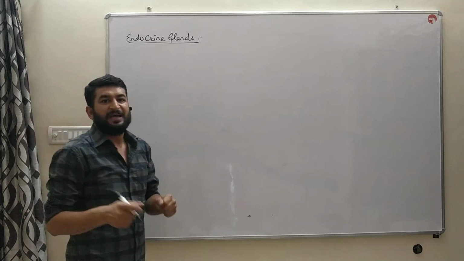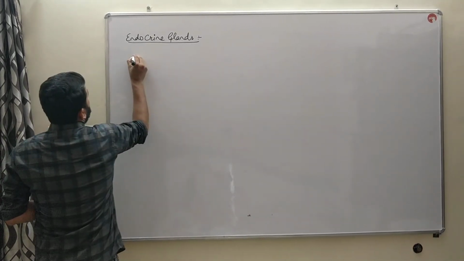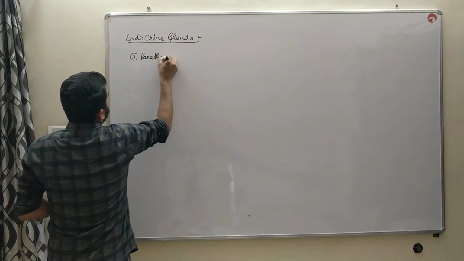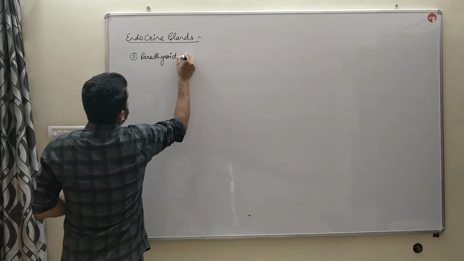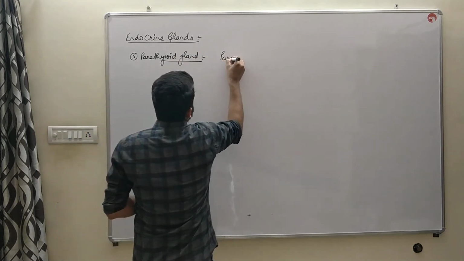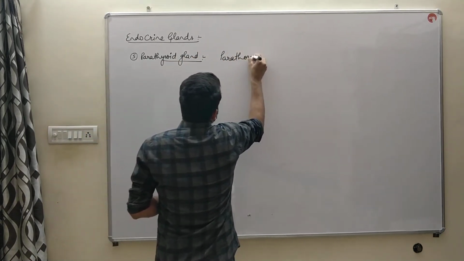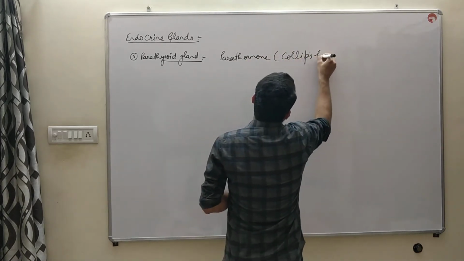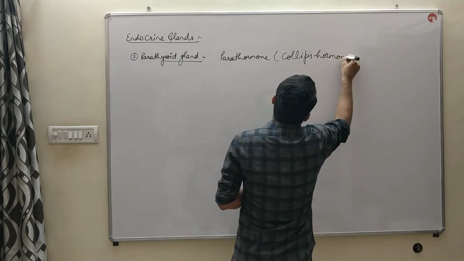Next gland which we have to discuss is parathyroid gland. This gland is also present in the neck region and it secretes a hormone named parathormone. This hormone is also known as Collip's hormone, after the scientist who discovered it.